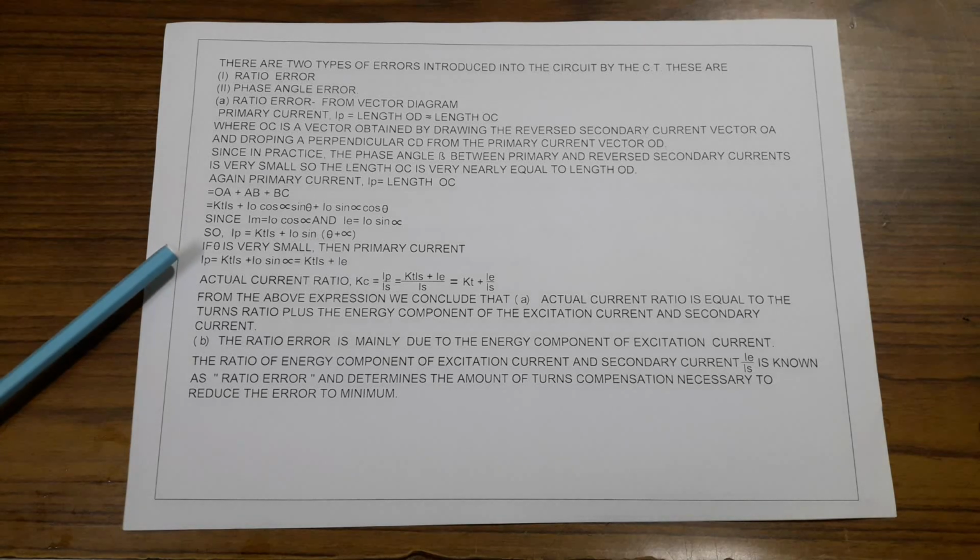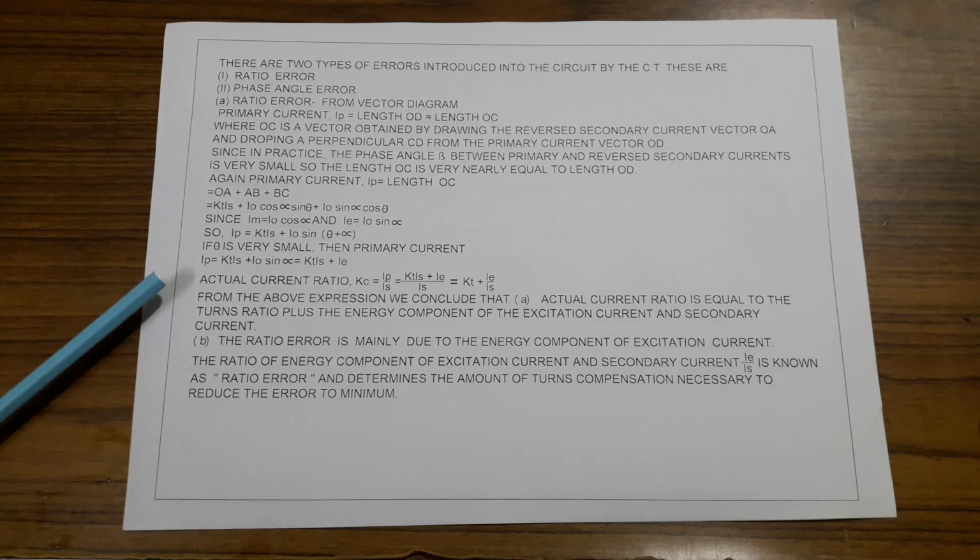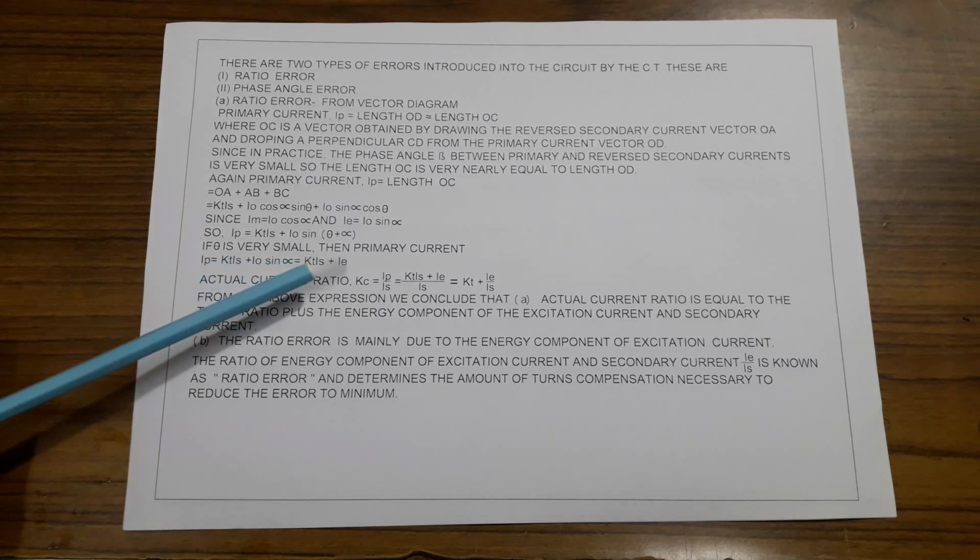If theta is very small, then primary current IP is equal to KTIS plus I0 sin alpha, which is equal to KTIS plus IE. This I0 sin alpha is equal to IE.